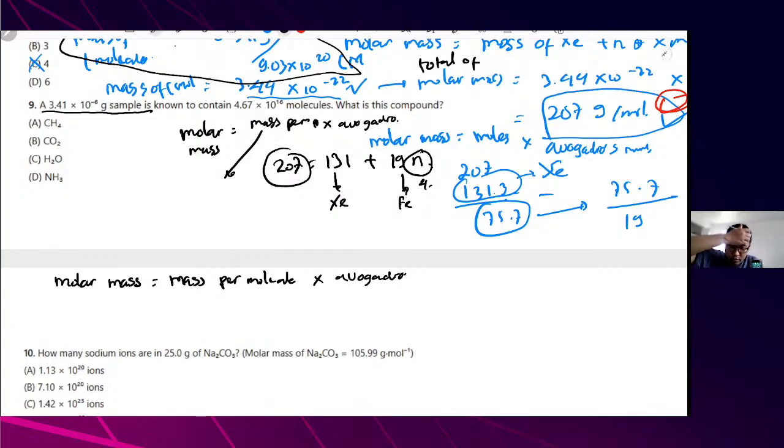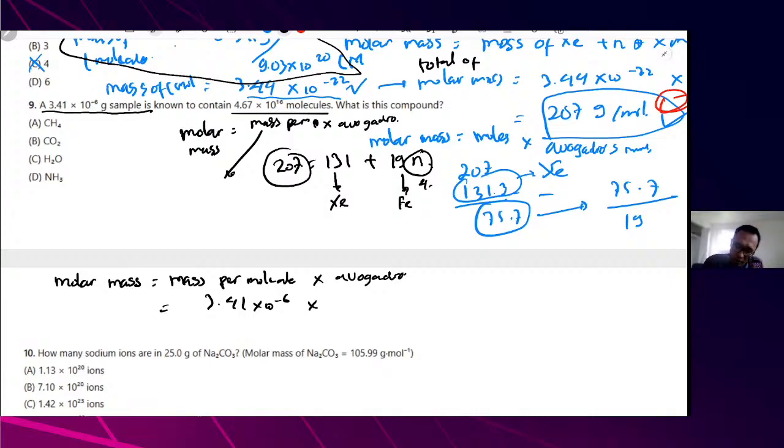Okay, so we know the sample is this one, 3.416 × 10^-6, and this one is 4.67. This is the number of molecules, this is the gram.